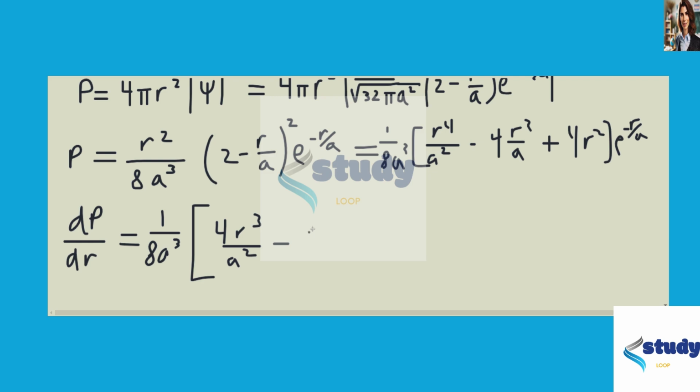This becomes 12 r squared over a. Plus, now we have 4r squared, the derivative of that becomes 8r. And all of this gets multiplied by e to the minus r over a.